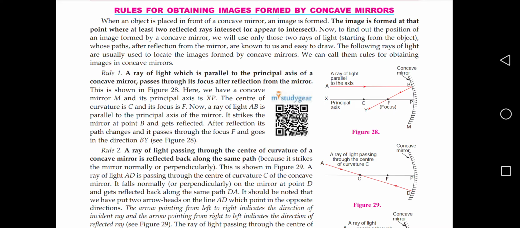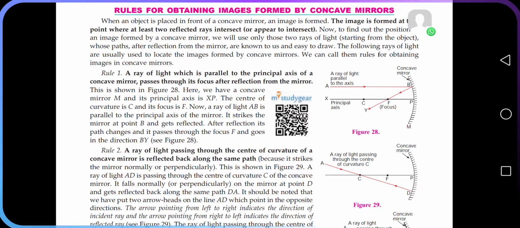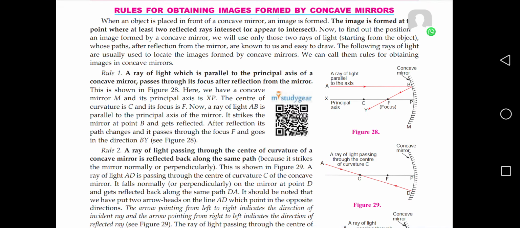The first rule is, a ray of light which is parallel to the principal axis of a concave mirror passes through its focus after reflection from the mirror. I want you to look at figure 28.